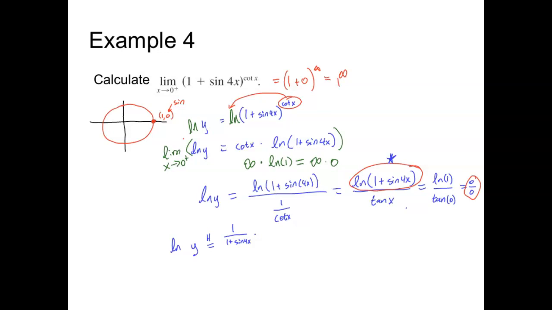Well, the derivative of 1 plus sine of 4x: derivative of 1 is 0, and derivative of sine of 4x is cosine of 4x times 4. All right. Over the derivative of the denominator, which is the derivative of tangent, which is secant squared.